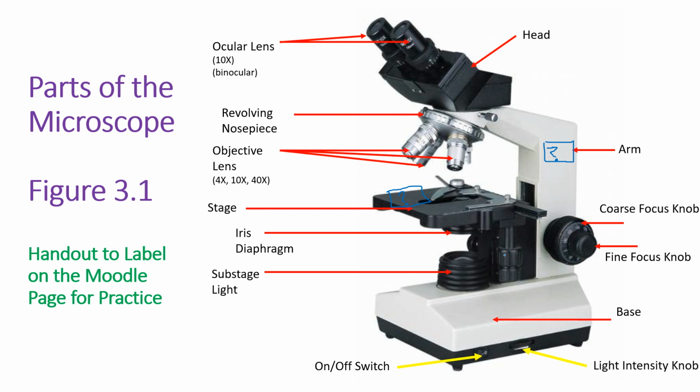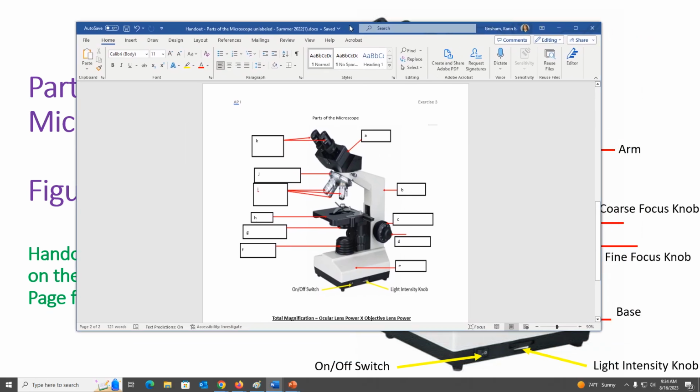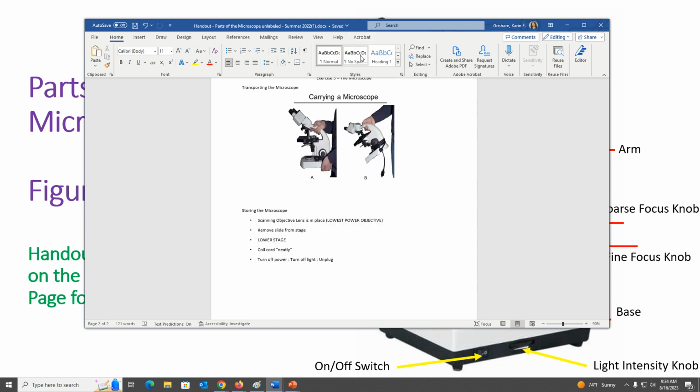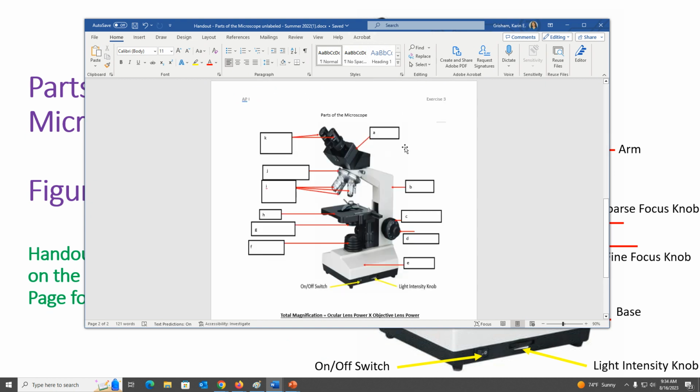So how would I study for this? Well, maybe I should have told you this before we actually filled out the labeling handout. I would take your labeling handout and maybe on a separate sheet of paper, write down the letters A through K and write the answers down. So that way you know A is the head of the microscope, B is the arm of the microscope.